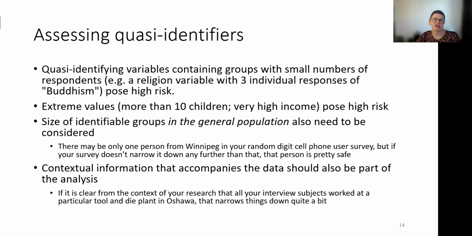So if you've got a variable for religion and you just have 2 or 3 people in your data set who belong to the Church of Latter-day Saints or who are Buddhists or whatever, this poses high risk. Extreme values. So if you have someone with many children, if you have someone with a very high income for the region, that can pose high risk.